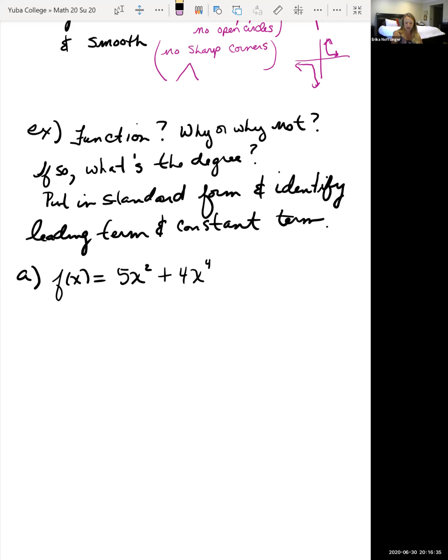Are the degrees, or the exponents, positive integers? And they are. And we don't have any variables in the exponent, or I'm sorry, in the denominator. And so this is a polynomial.